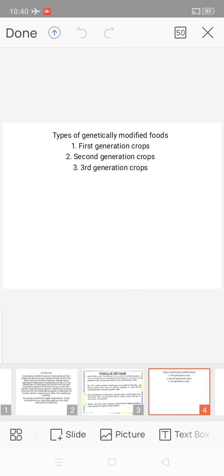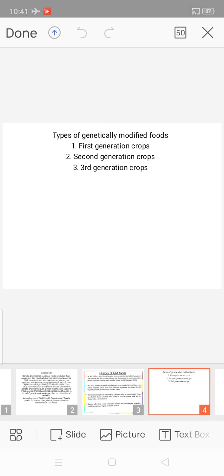And next one, types of genetically modified foods. First type, first generation crops. They have enhanced input traits such as herbicide tolerance, better insect resistance, and better tolerance to environmental stress.